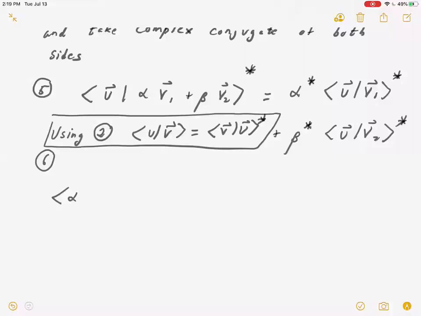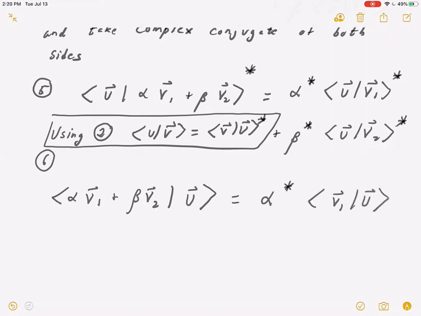The linear combination now goes to the left-hand side of the vertical bar, becomes a bra. And U becomes a ket. And that has to equal on the right-hand side, alpha complex conjugate, the inner product of V sub 1 with U, plus beta complex conjugate, the inner product of V sub 2 with U.